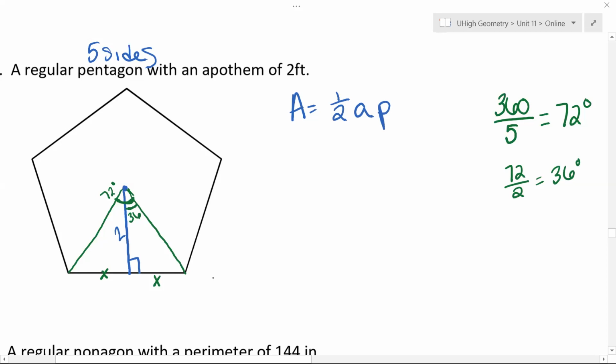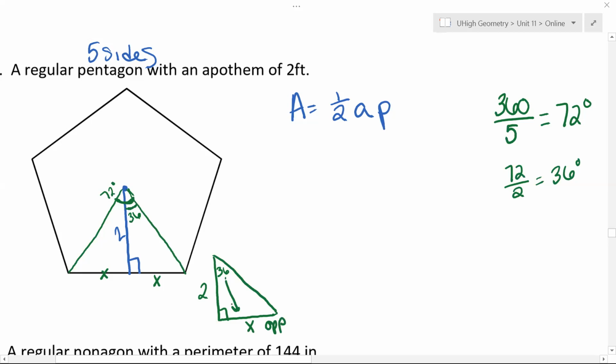Now, I'm going to draw this off to the side so we can see it a little bit better. Now I have a right triangle with one side length of x, one side length of 2, and an angle of 36 degrees. So in order to find x, I can use my trig functions. If I'm looking here, I have my opposite.